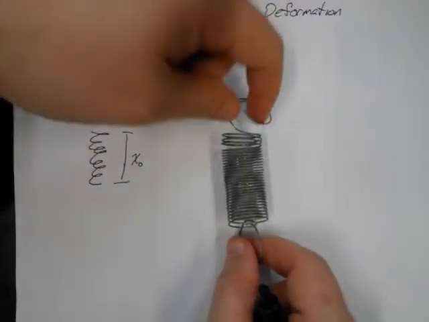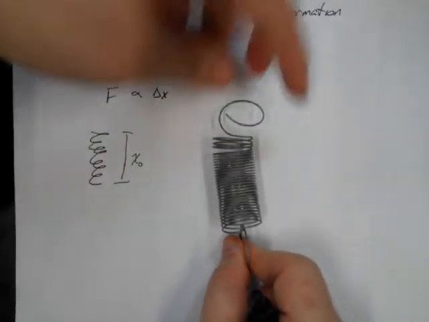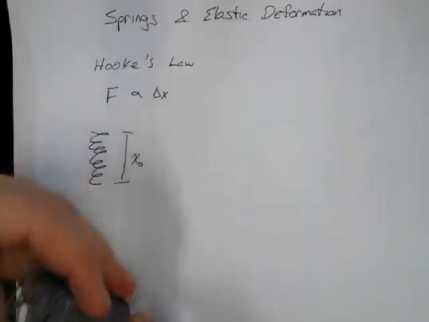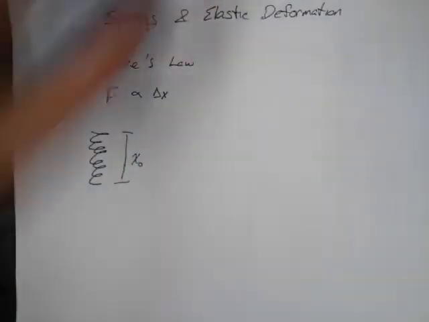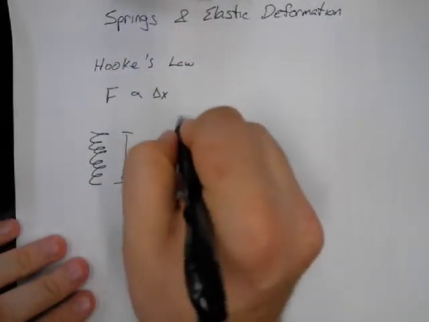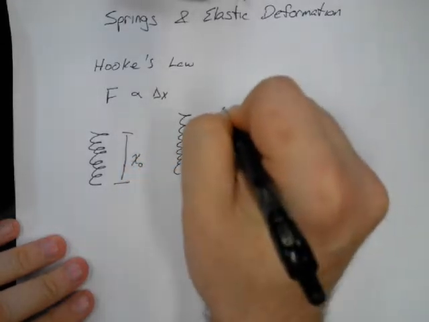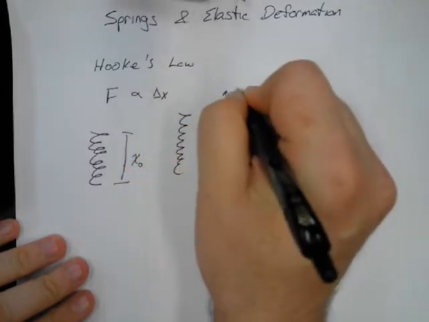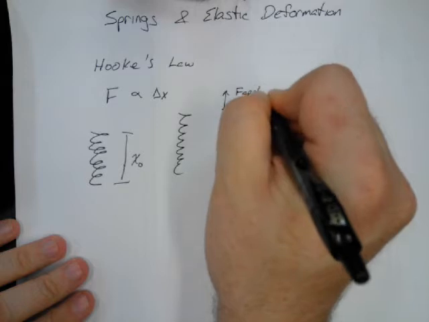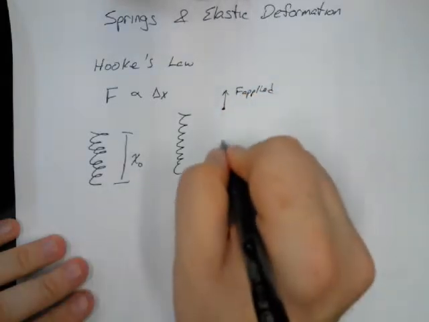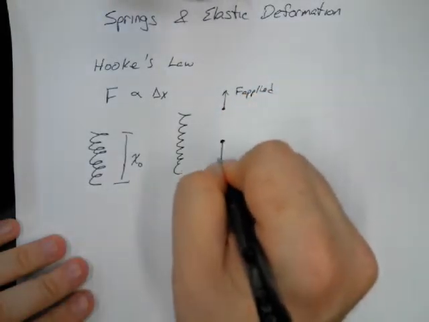Well, we apply force. Say my left hand is going to pull upwards to stretch it. It pulls back on us. So if we make the spring longer, we would have some applied force upwards. And so conversely, we would feel a force that is downwards.